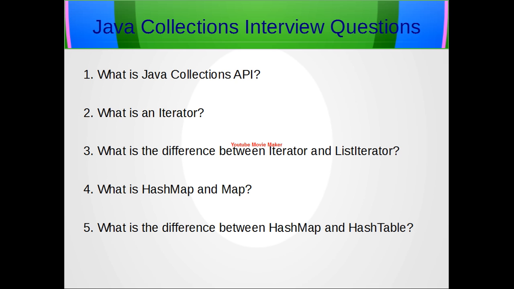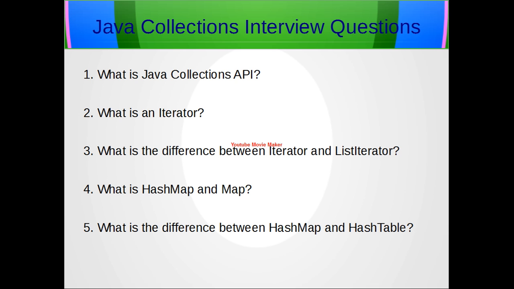HashMap doesn't guarantee that the order of the map will remain constant over time, but one of the HashMap subclasses is LinkedHashMap. So in the event that you would want predictable iteration, you can then easily swap out the HashMap for LinkedHashMap.